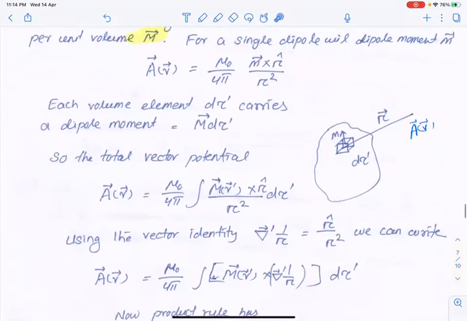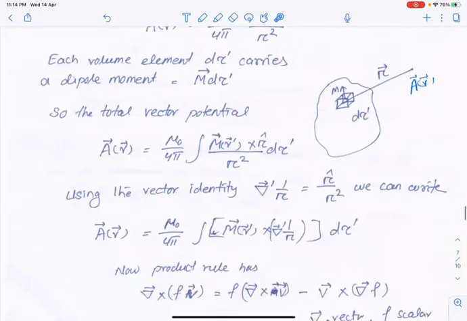So now our job boils down to evaluating this particular integral. How do you calculate that? You take the help of a vector identity. You know that del prime of 1 over r is r cap by r square.